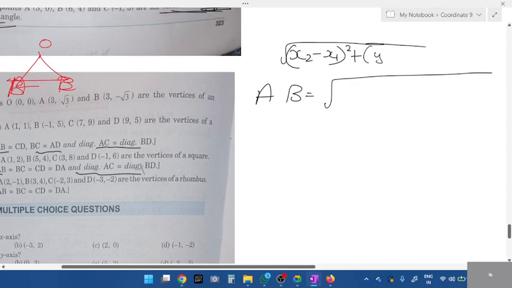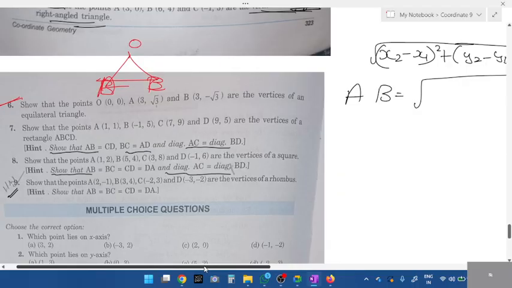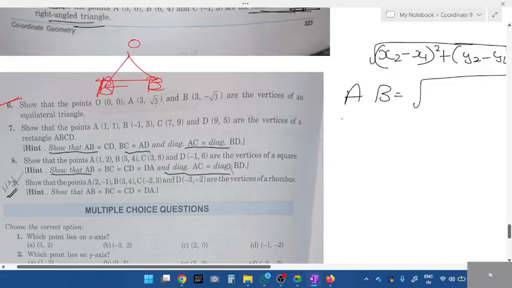Are you thorough with the formula now? So what do you want to do with this chapter? Will you attempt or skip? You have to attempt. Tell me the A value. What is A? 2 comma. What is B?